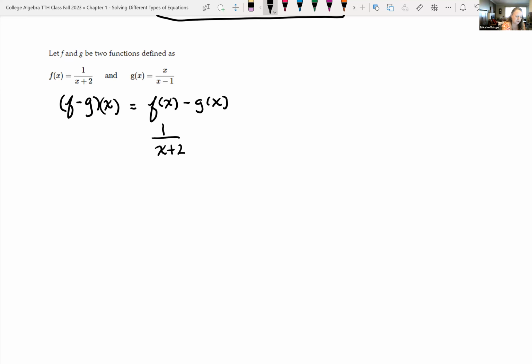I'm going to leave some room here because I know I need a least common denominator, minus g of x, which is x all over x minus 1. In order to add or subtract fractions, we need our LCD. We found what the least common denominator was before, which was x plus 2 times x minus 1. So for the first fraction, to get my LCD, I need to multiply both the numerator and denominator by x minus 1.